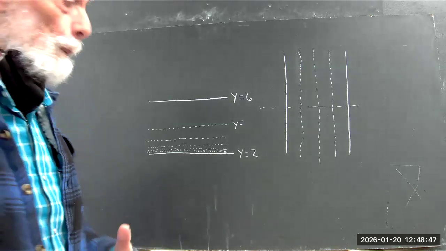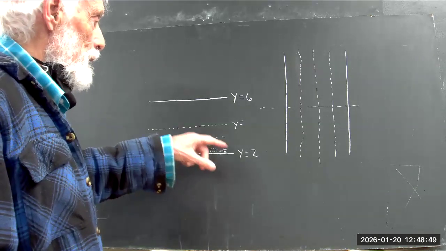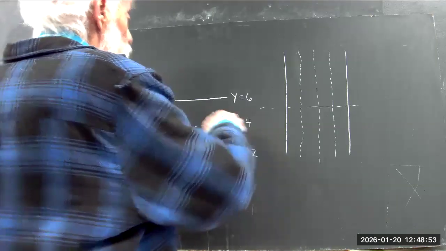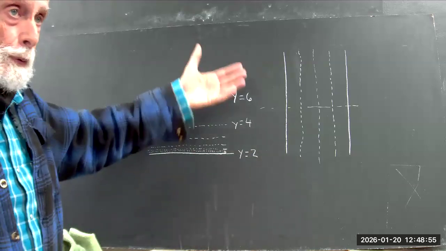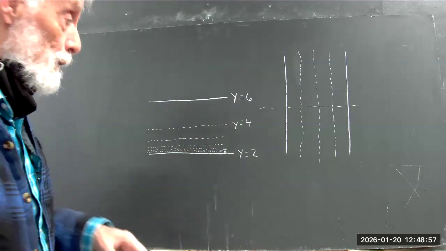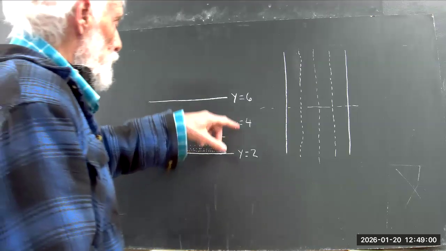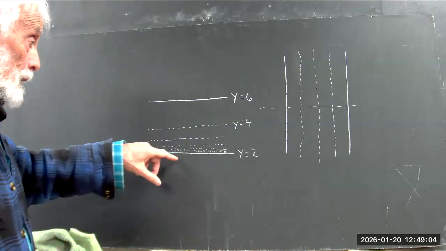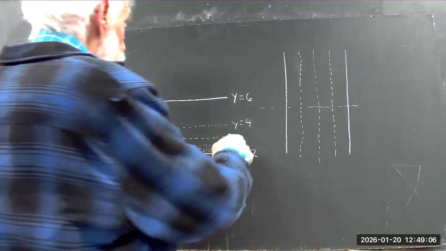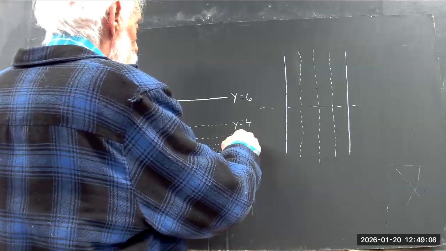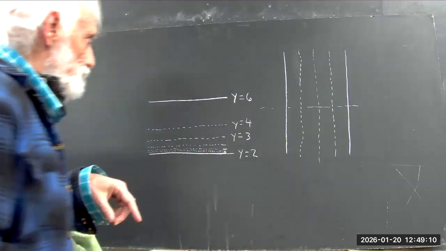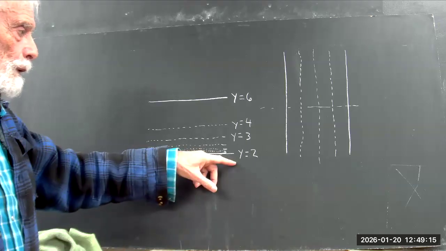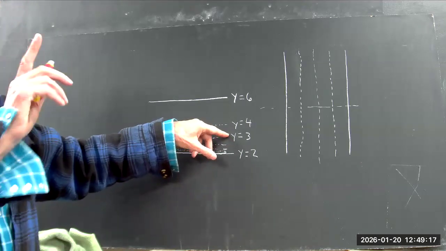Okay? So most people are telling me, everybody told me this is 4. That's halfway between 2 and 6. That's easy. And halfway between 2 and 4, because that's what this line is, right? Halfway between 2 and 4 is 3. Okay, what's the next one? It's halfway between 2 and 3.